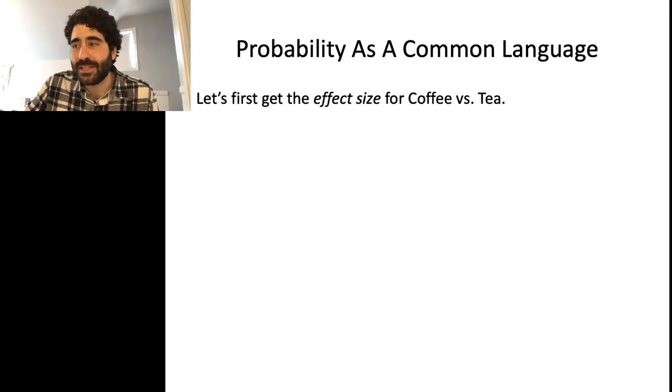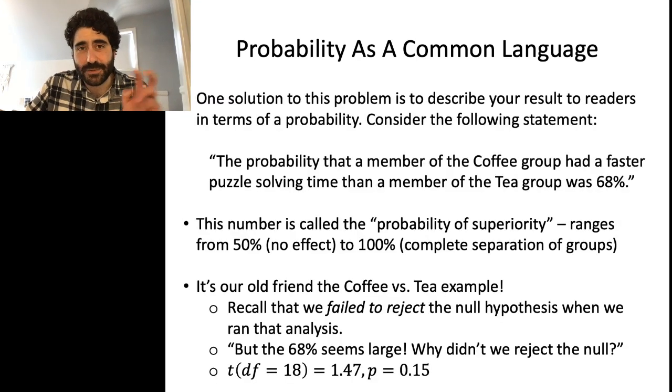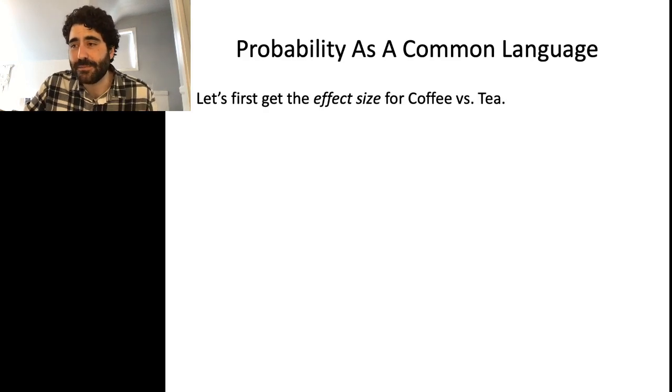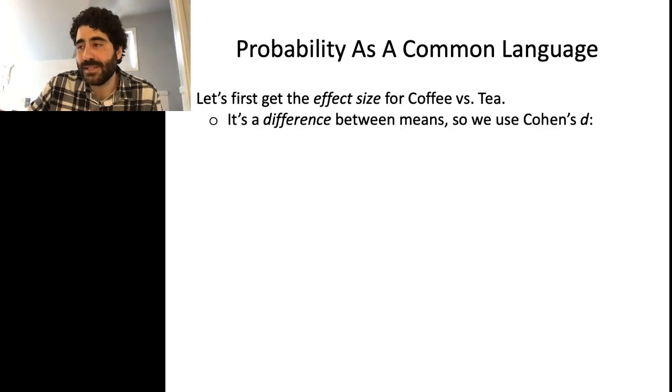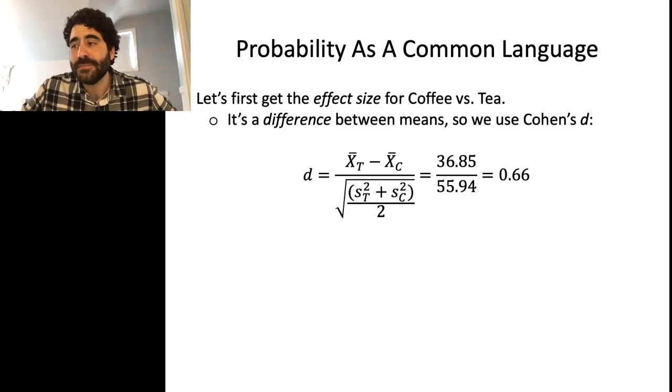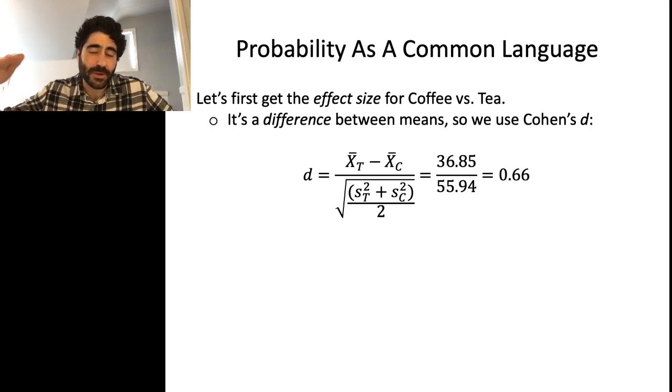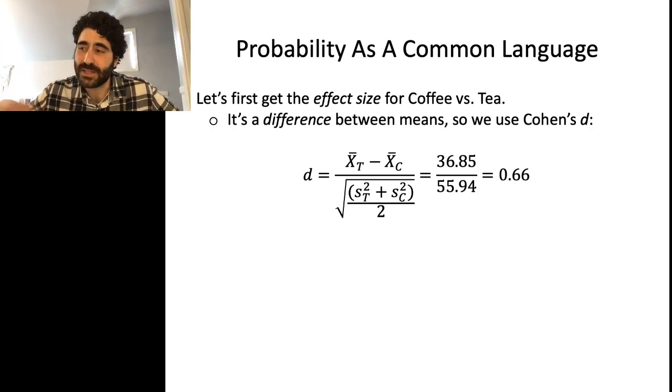So the way I can compute this 68% probability of superiority is first we get an effect size for coffee versus tea. This is a difference between two independent samples, so we can use the Cohen's d formula from the beginning of this lecture. The numerator here is how far apart the means are, which in this case was like 37 seconds. So the coffee drinkers were 37 seconds faster at solving the puzzle. Then we put an estimate of pooled standard deviation on the bottom.